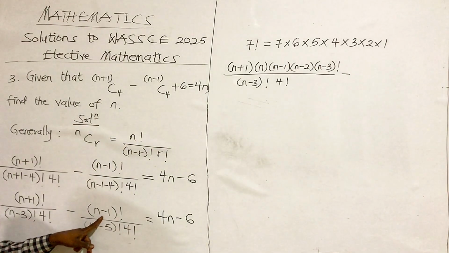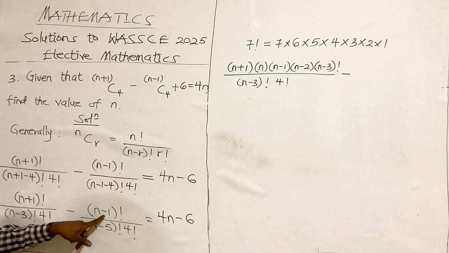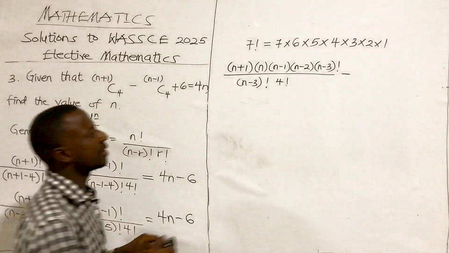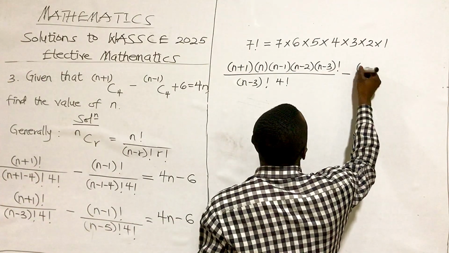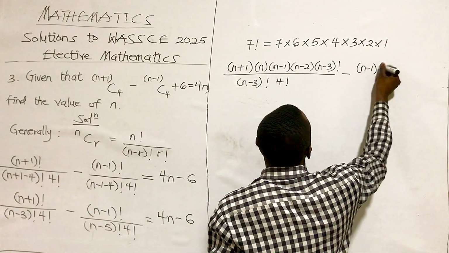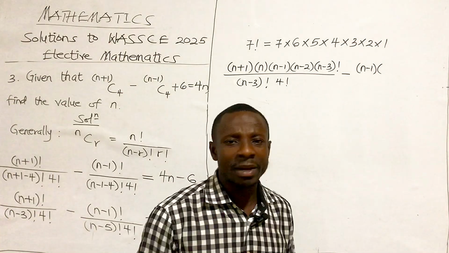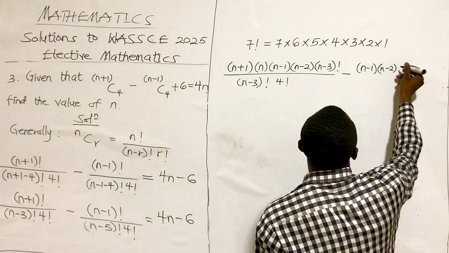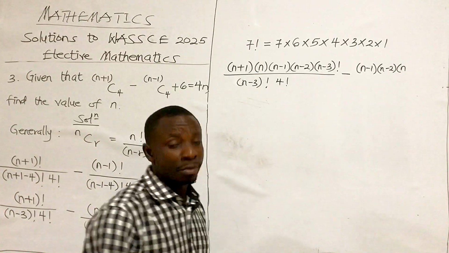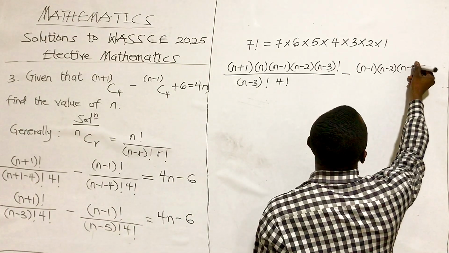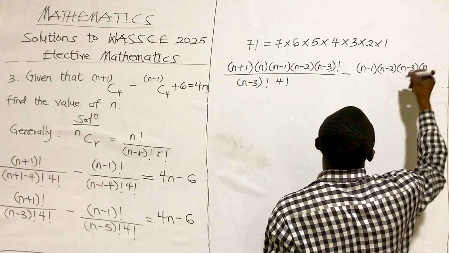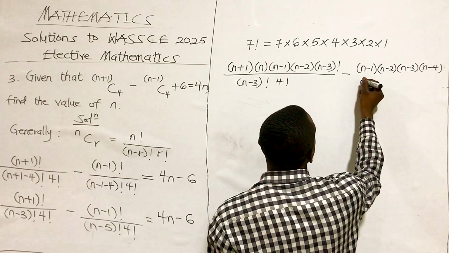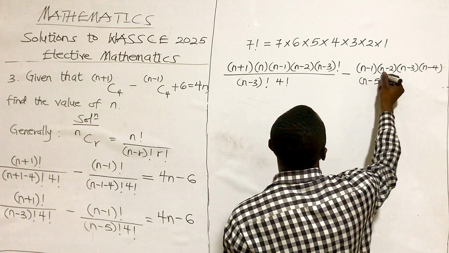the same thing applies to this. So here, with this factorial, I'll first of all write the n minus 1 first. So I have n minus 1. So from here, n minus 1 minus 1, we have n minus 2. n minus 2 minus 1, we have n minus 3. n minus 3 minus 1, n minus 4. n minus 4 minus 1, I have n minus 5.